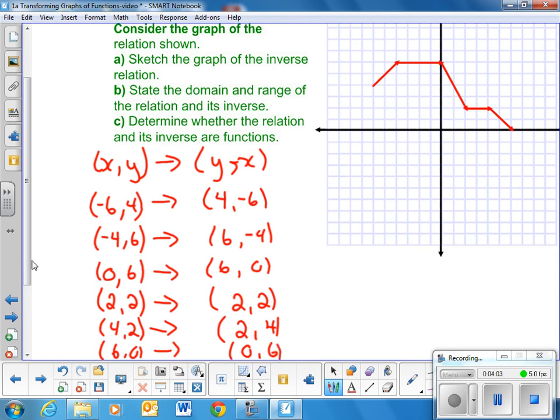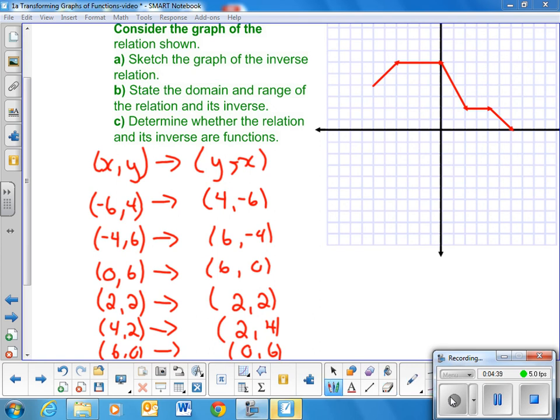Let's graph it. (4, 6), (6, -4), (6, 0). Something's not right. I'm going to start those plotting again. I've got something in the wrong spot.